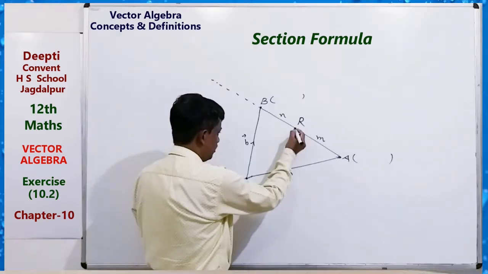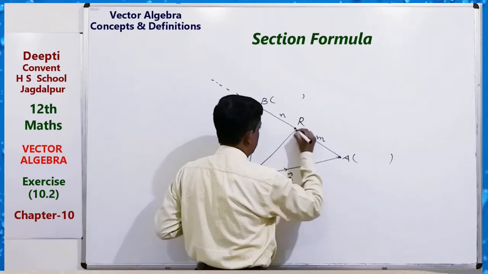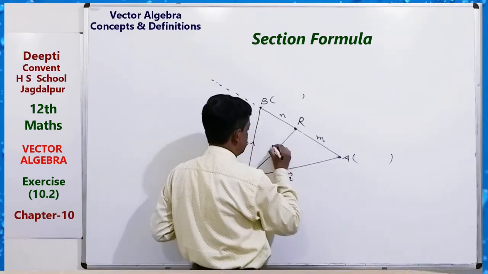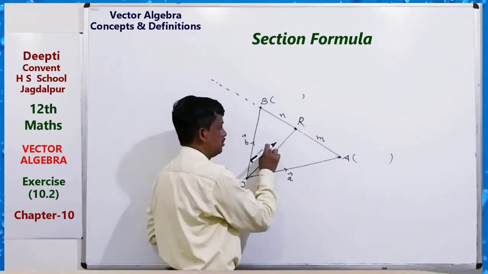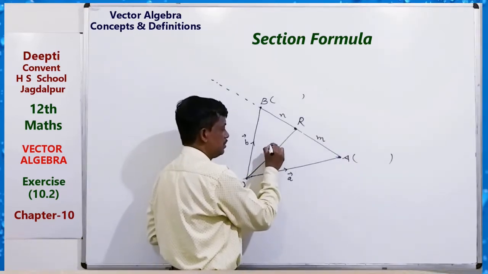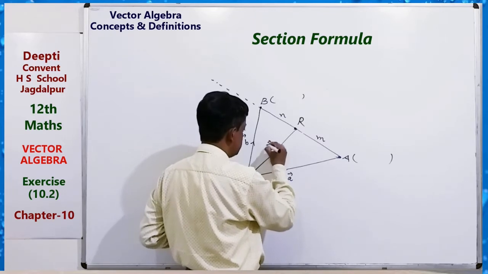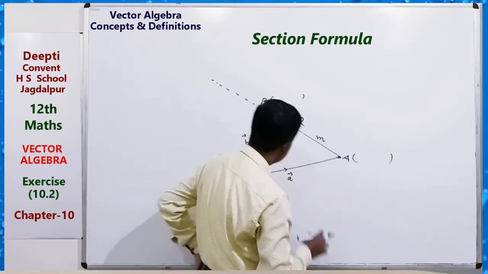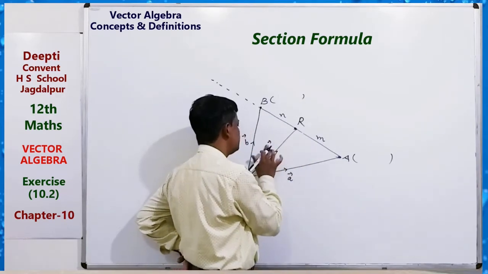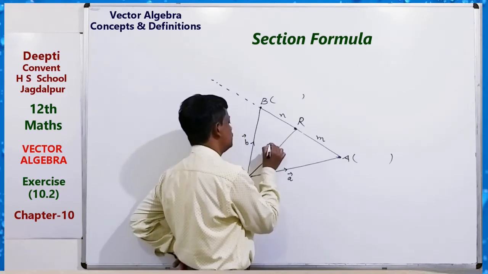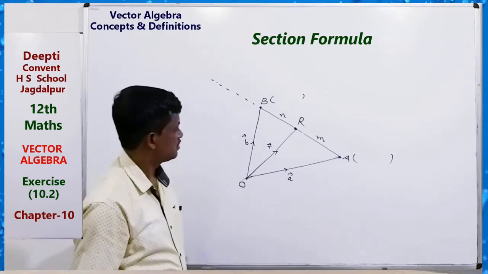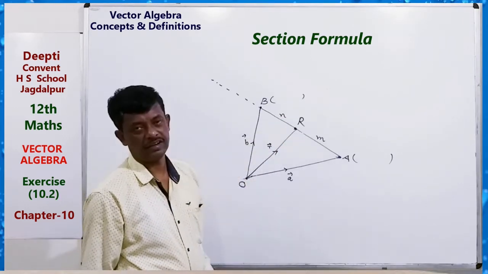Then the position vector of R. You can write it as R, since R is our special notation. Suppose this is the position vector of R.